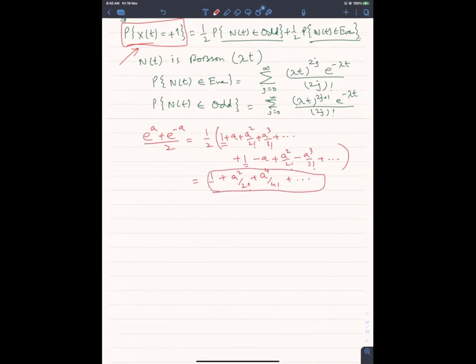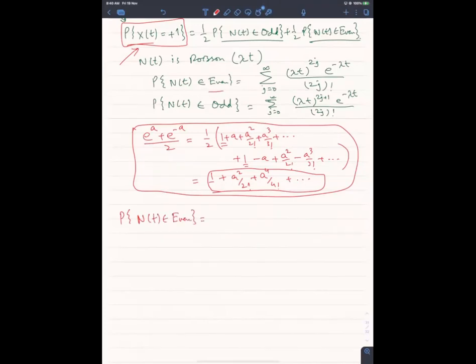That means I can write using this expression, the probability that N(t) is even is equal to this guy here. This is the sum of (lambda t)^(2j) over (2j) factorial, an exponential-type series, going j from 0 to infinity.